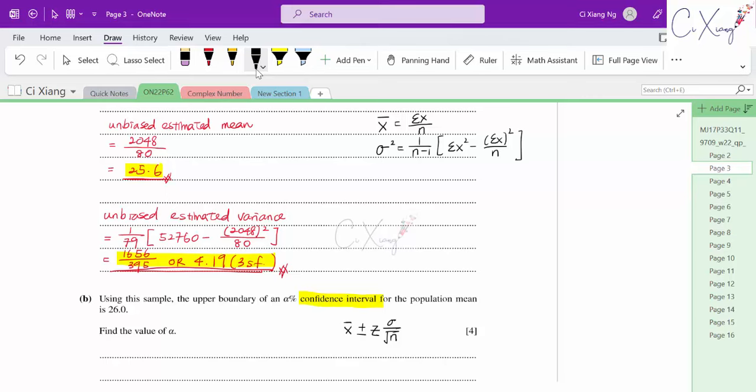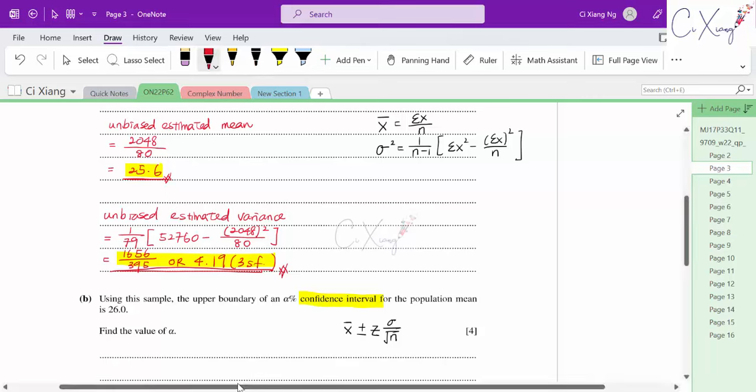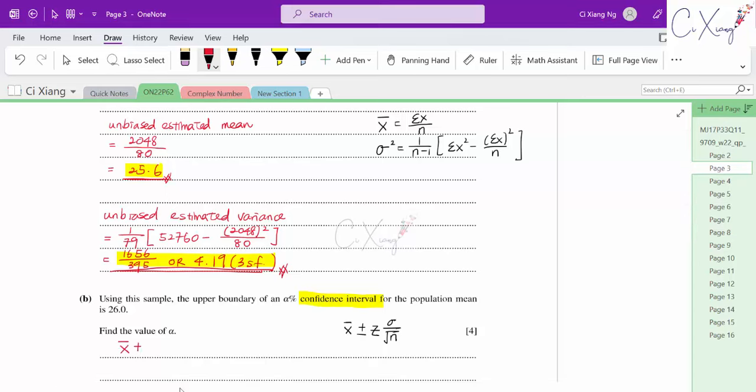Since they are talking about the upper boundary, which means the larger value, we have the sample mean plus z multiplied by sigma over square root n, and it equals 26.